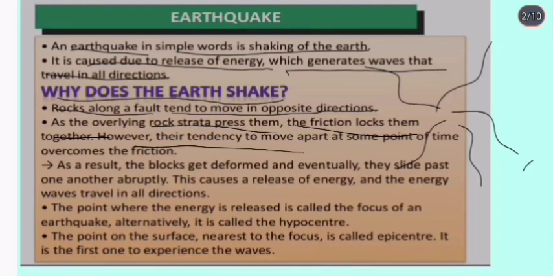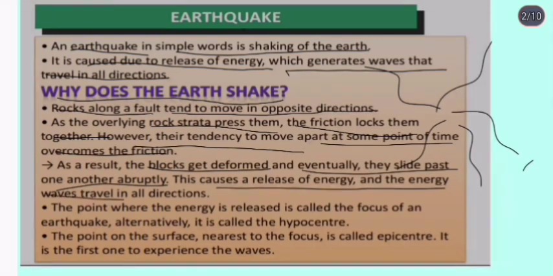However, their tendency to move apart at some point overcomes the friction. As a result, the blocks get deformed and eventually slide past one another abruptly. This causes a release of energy, and the energy waves travel in all directions.